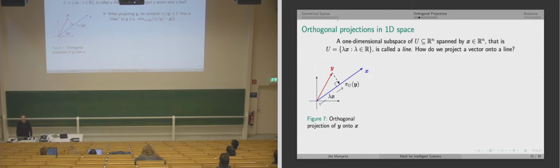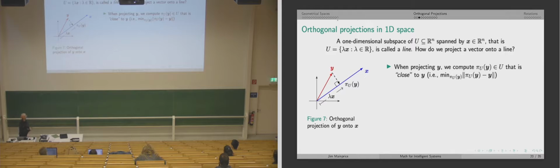So when projecting y, we compute the projection of y in U that is close, quote unquote, to y. That means that it's minimizing the distance between the projected point and y itself. And this is the link between geometry and inner product.